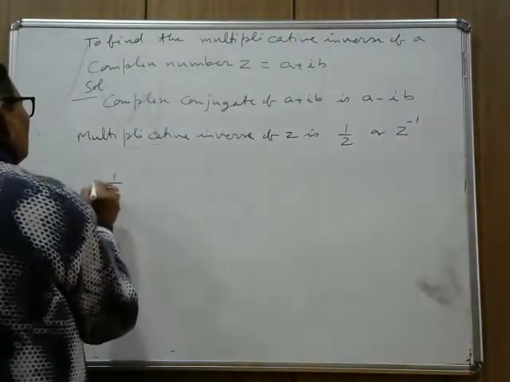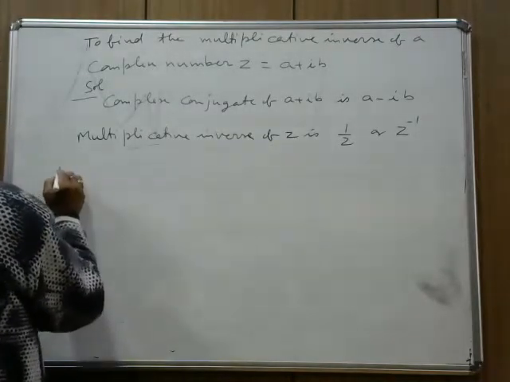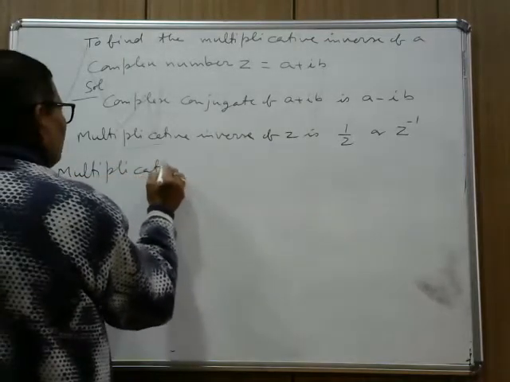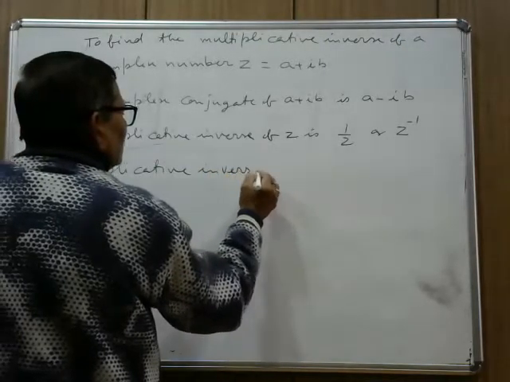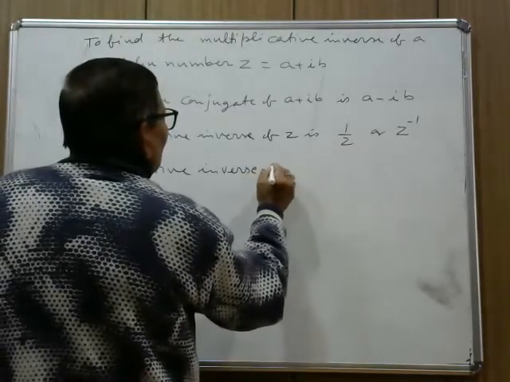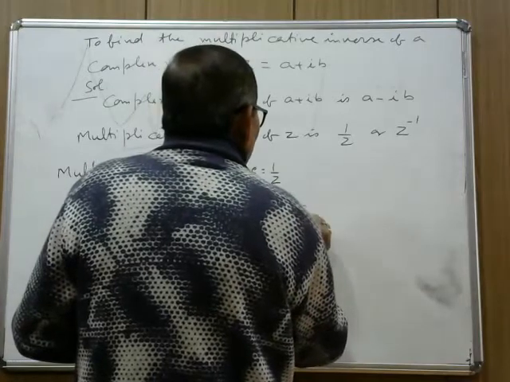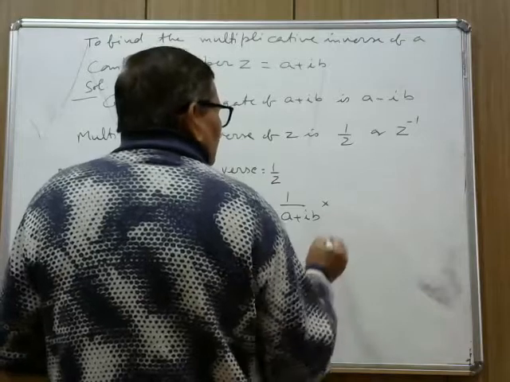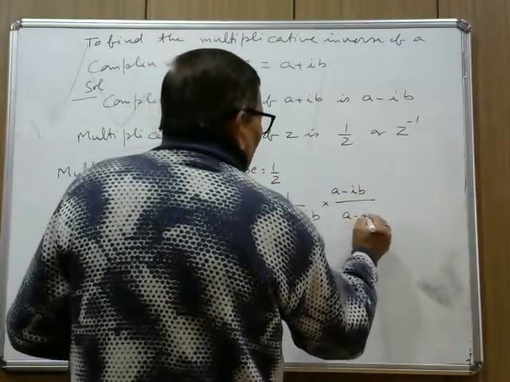Multiplicative inverse equals 1 by z equals 1 upon a plus ib. You multiply it by its complex conjugate, a minus ib upon a minus ib.